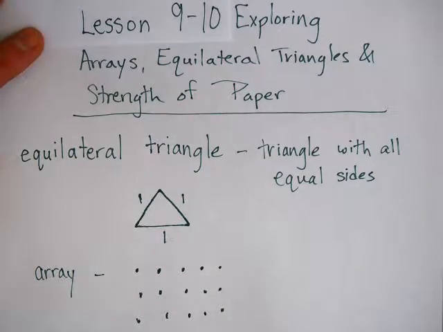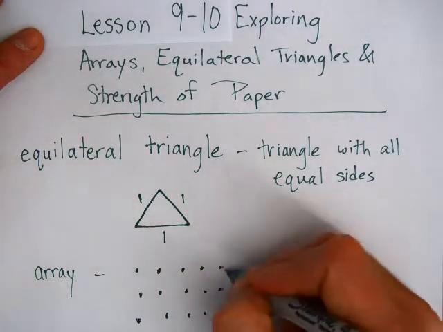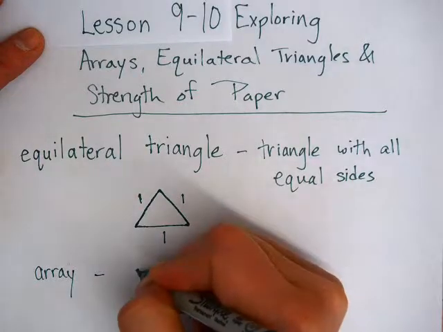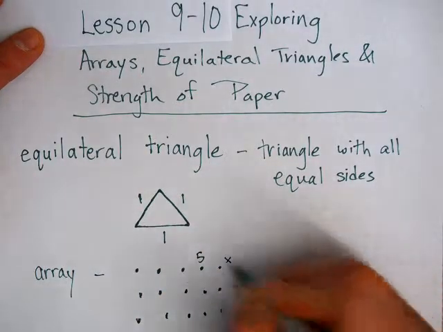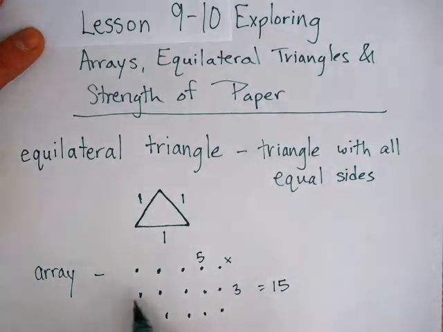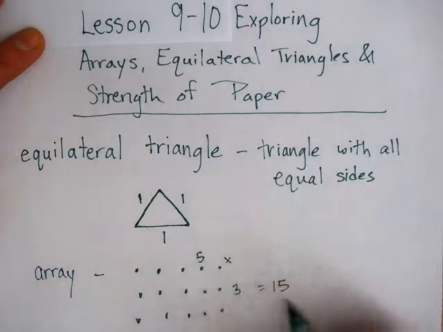Oftentimes we use arrays to help us with multiplication and figure out how many dots there are. We can say there's 3 here and 5 across, so 3 times 5 equals 15. We know there are 15 dots, and if we were to count them, we would also end up with 15 dots. So we want the kids to be able to model multiplication using these arrays.